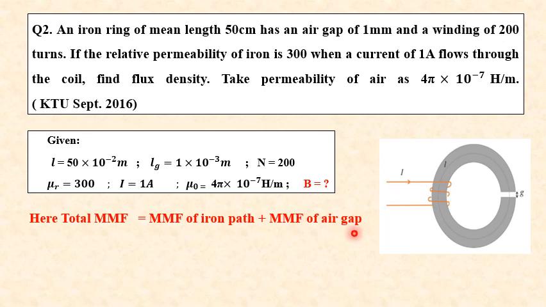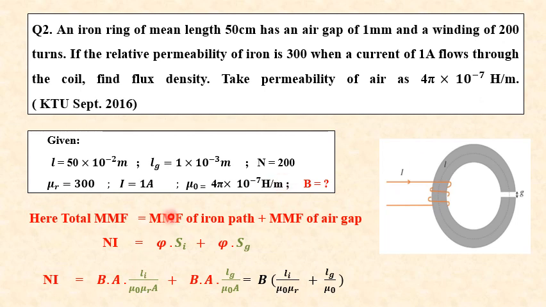Substituting, we will be getting total MMF, that is Ni, will be equal to phi into Si plus phi into Sg. Flux is same and that is equal to phi, and Si is the reluctance of the iron ring, and Sg is the reluctance of the air gap.